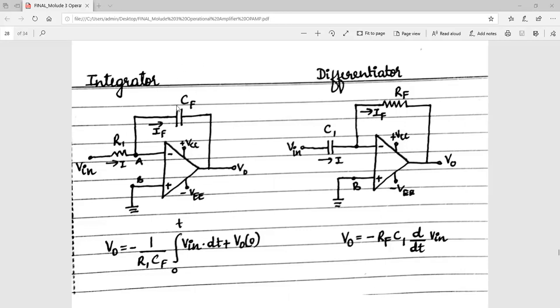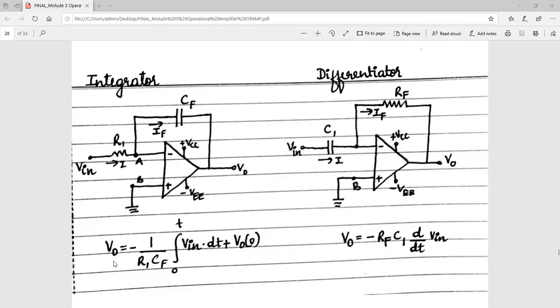So in the integrator circuit, to the input you have a resistor, and in the feedback path you have a capacitor. Now in the differentiator it is just the opposite, where at the input you have a capacitance, and at the feedback path you have the feedback resistance. Clear?